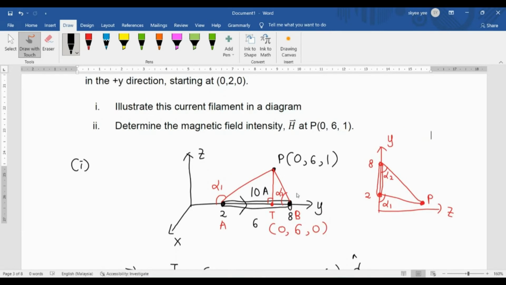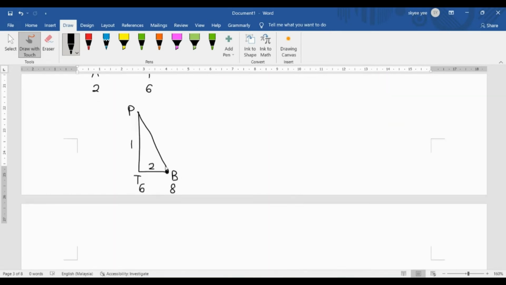It's here. You can use tangent: alpha 2 equals opposite over adjacent, so 26.57.